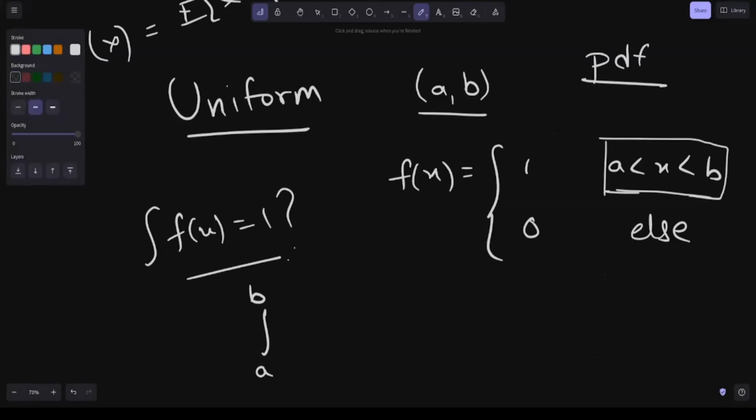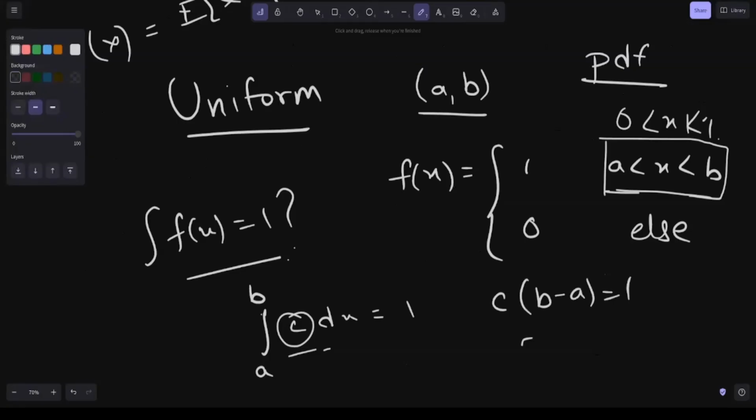This case is only for 0 to 1; it should be integration of c dx equal to 1, right? So what would be the value of c? c times (b minus a) has to be 1, so c's value has to be 1 by b minus a.